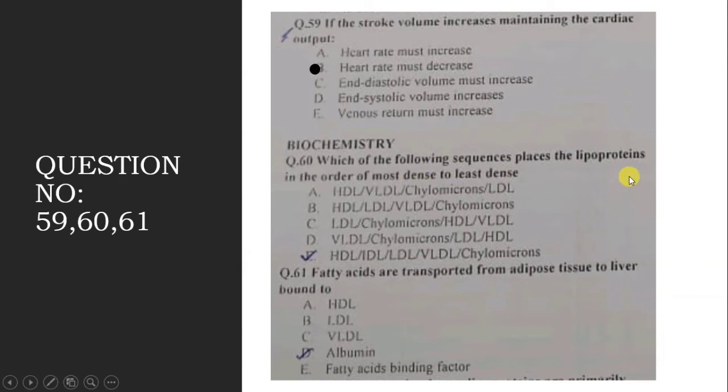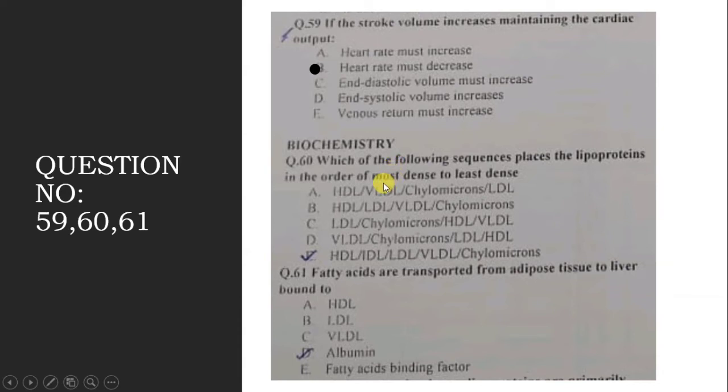Which of the following sequences places the lipoproteins in order from most dense to least dense? A, B, C, or D?